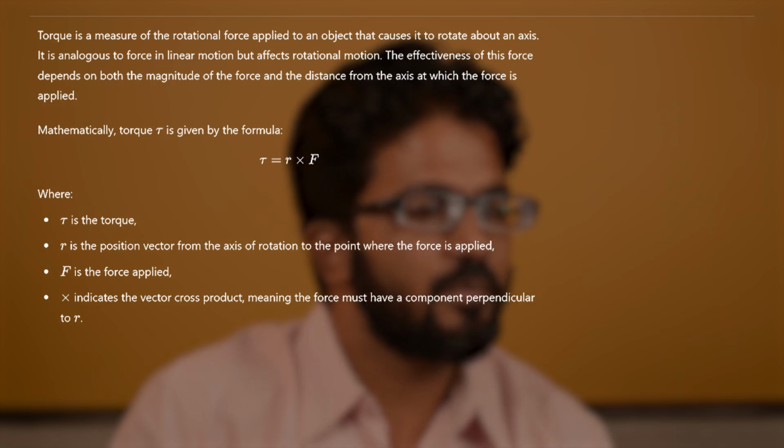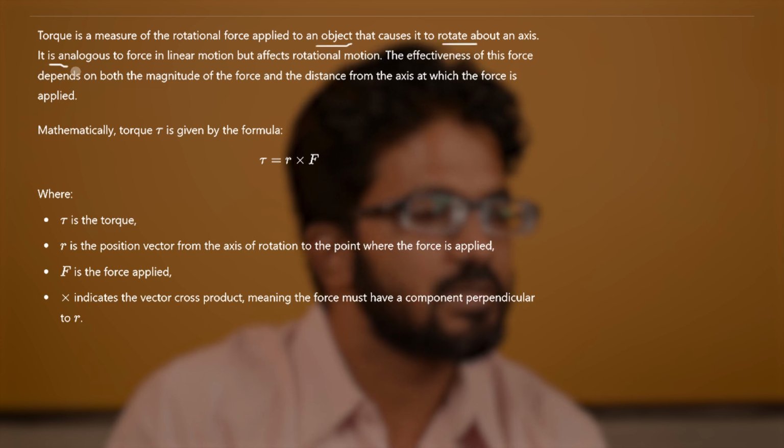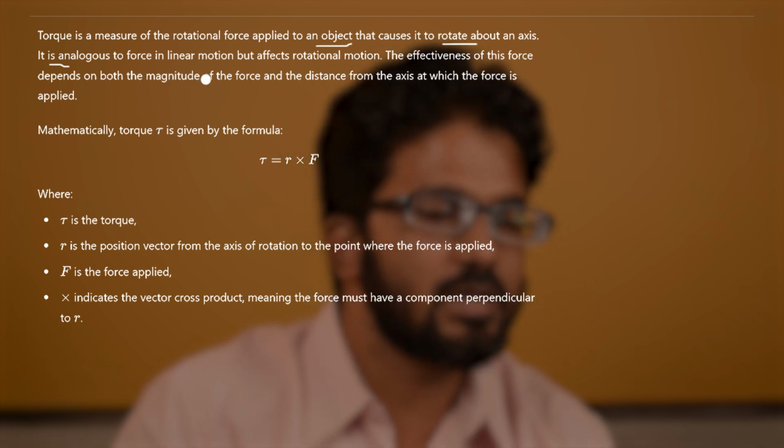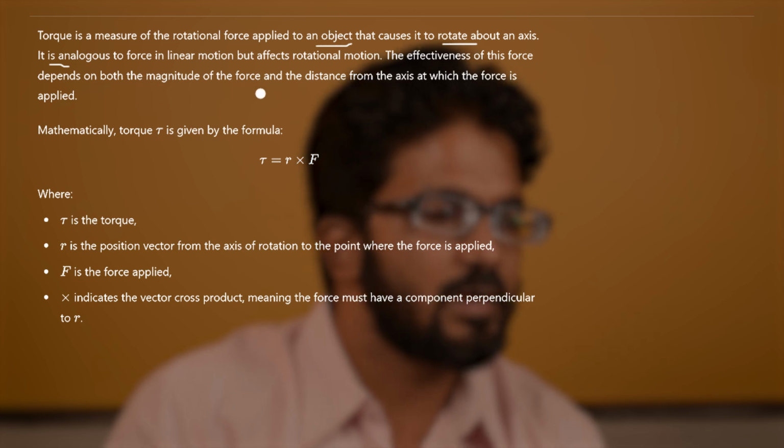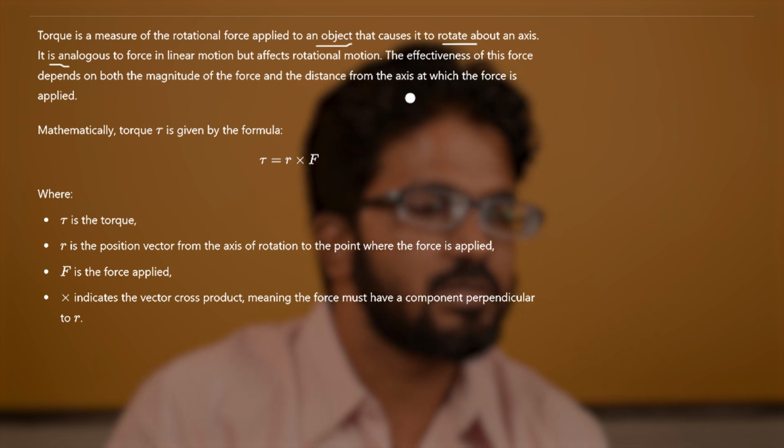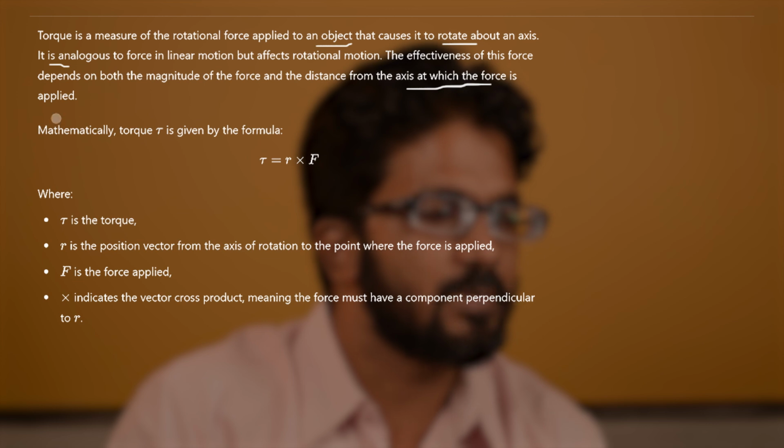With the help of this definition, we can say that torque is a measure of the rotational force applied on an object that causes it to rotate about an axis. It is analogous to force in linear motion, but affects rotational motion. The effectiveness of the force depends on both the magnitude of the force and the distance from the axis at which the force is applied.